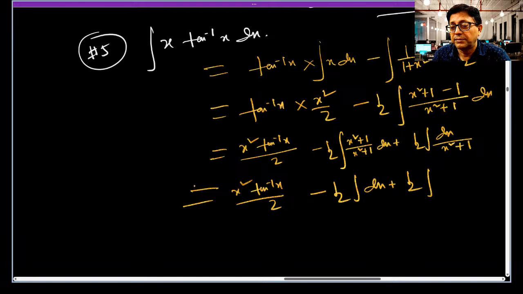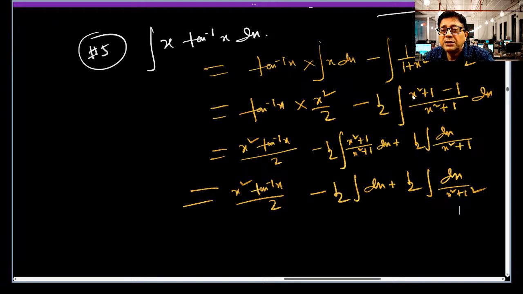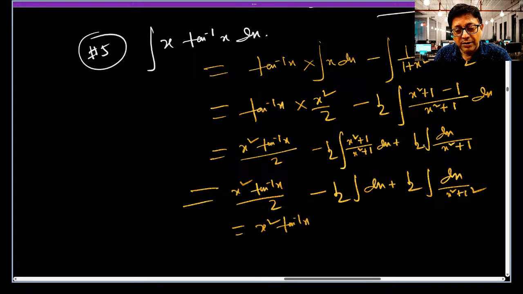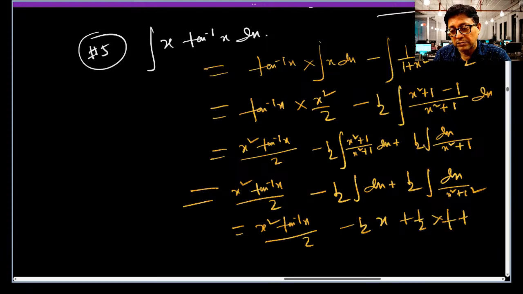This is what? Standard integral, you all know. This is minus, then minus minus plus. So there it will be, isn't it?